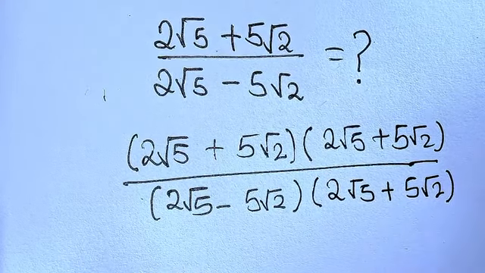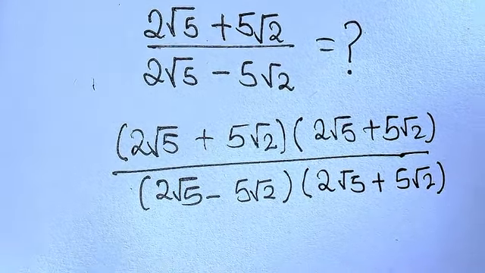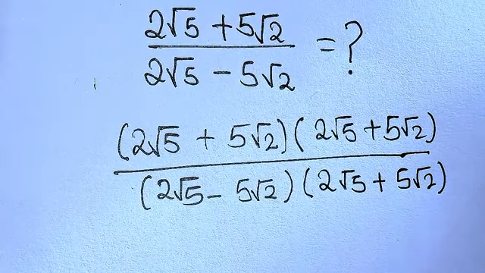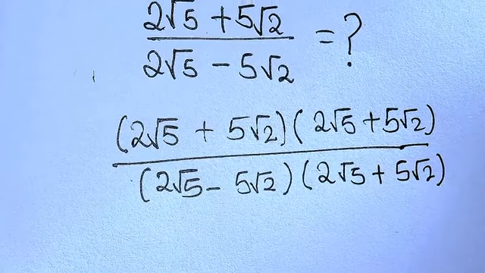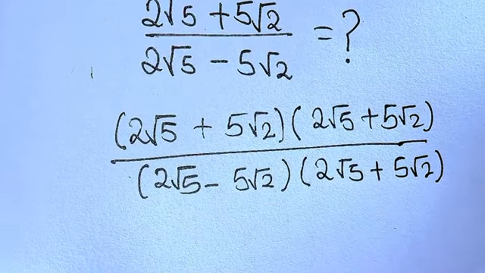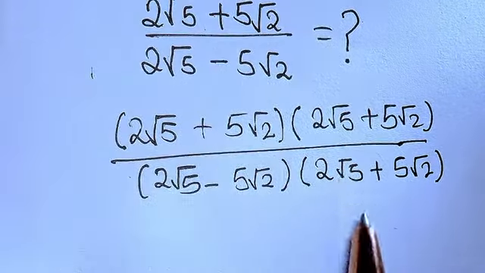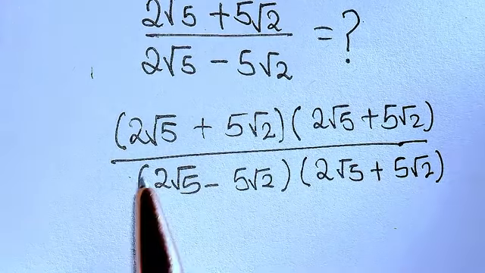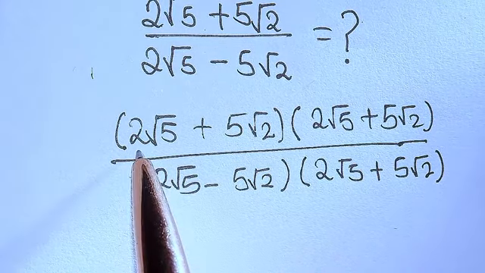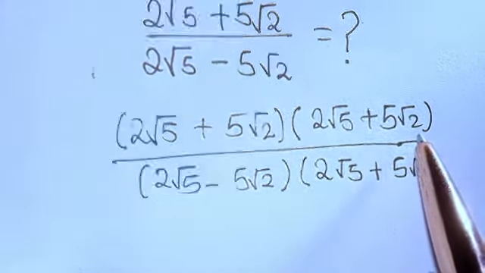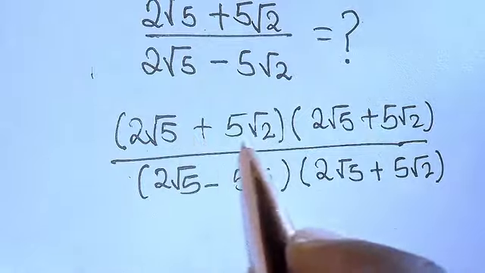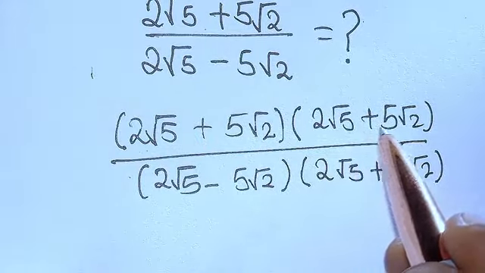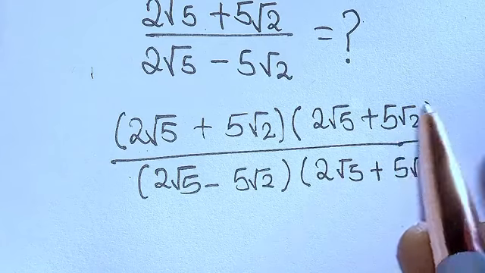Now the next thing is to simplify further. We have to be very careful, especially when multiplying radicals. We use this 2 root 5 to open the bracket, multiplying the entries in the second parenthesis. 2 times 2 gives us 4. The part outside the radical sign multiplies the part outside, and the part inside the radical sign multiplies the part inside.